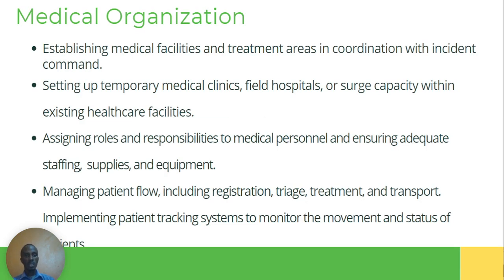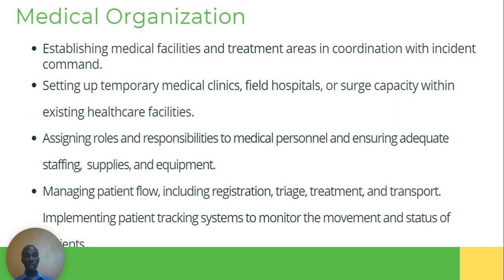So, what is medical organization? Establishing medical facilities and treatment areas in coordination with the incident command system. This involves setting up temporary medical clinics, putting up field hospitals, or using the existing ones, but making sure that they can handle the increased number of patients.